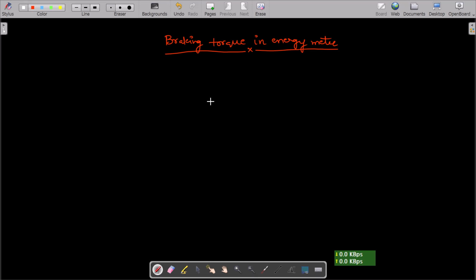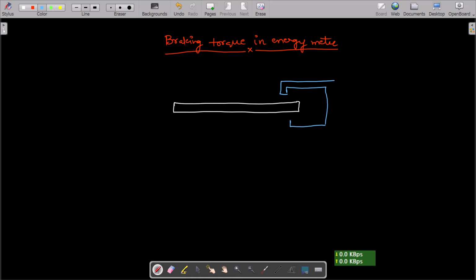an energy meter. So basically we are going to have this aluminum disc, like this, and over this aluminum disc we are going to have the braking magnet like this. It is a permanent magnet.